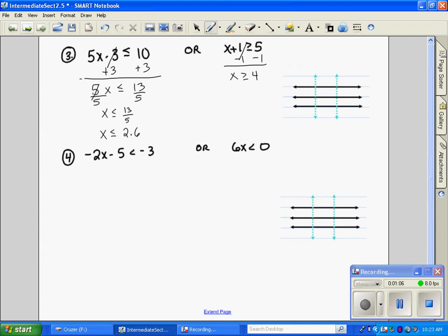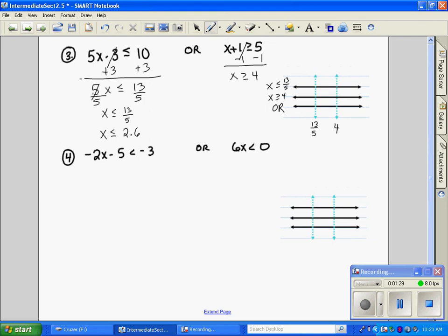On the number line, 2.6 is going to come first, so it's here, and here, 4. So I'm going to write x is less than or equal to 13/5, x is greater than or equal to 4. And this time our solution is going to be an OR, or union problem.